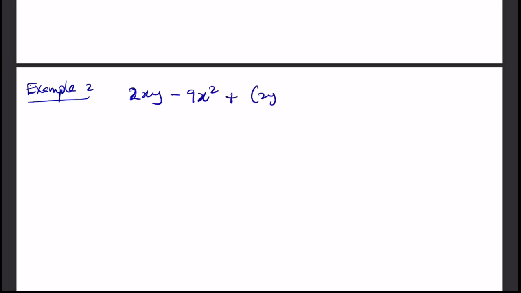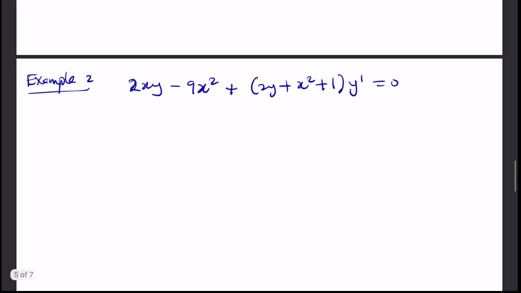Let us look at another example. Example 2. We are given 2xy minus 9x squared plus 2y plus x squared plus 1 y prime is equal to 0.